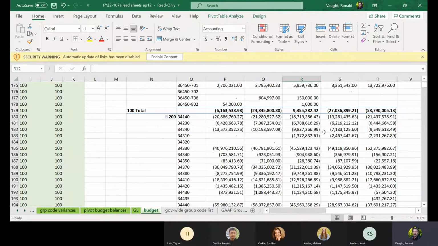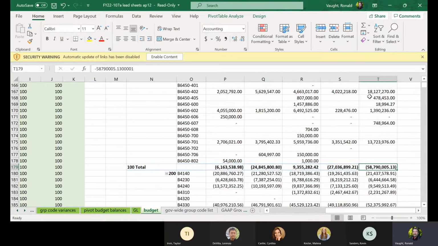58.8 million is what 107 is saying it should be, and that's off from what it needs to be to get to the right ending fund balance by $500,000.